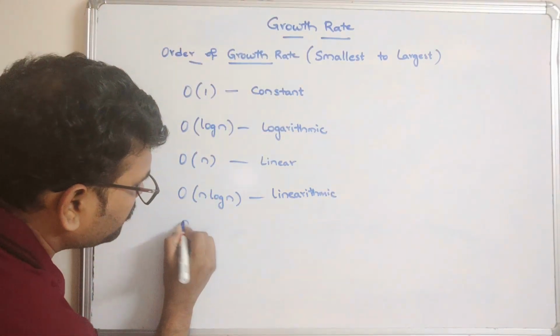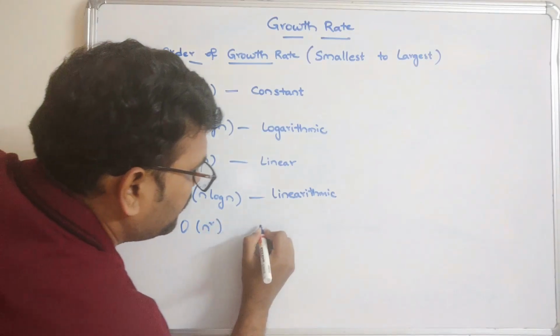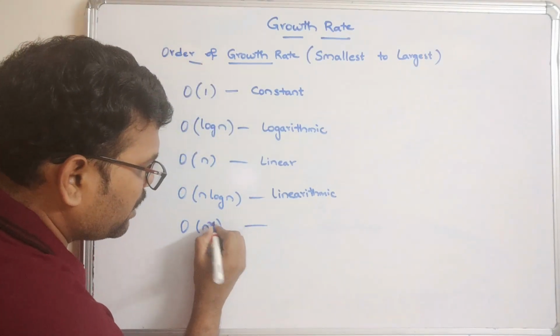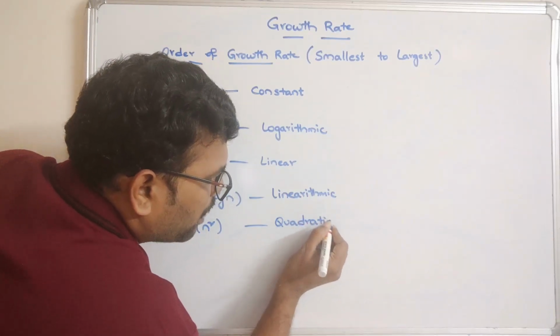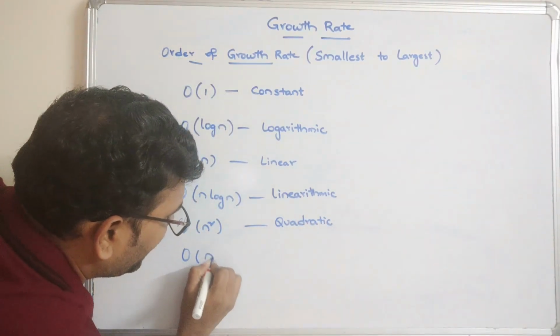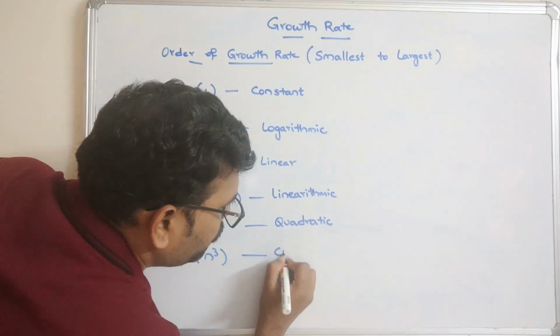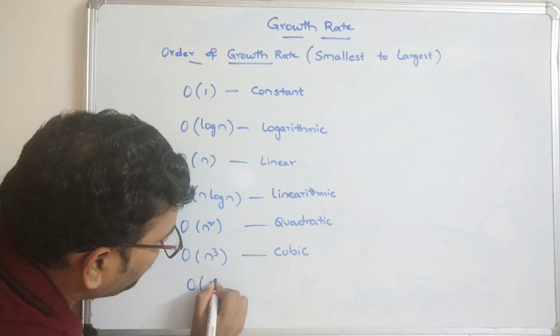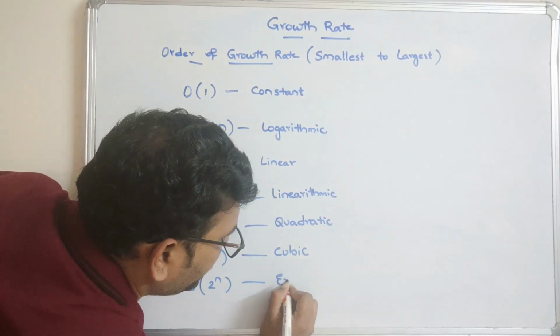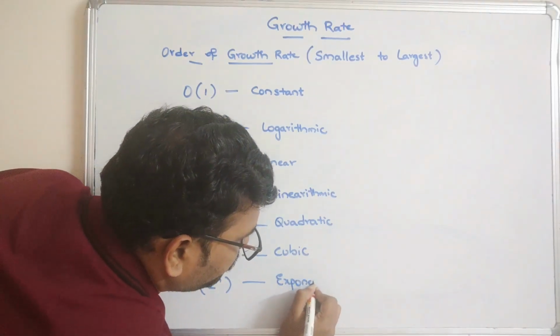And then order of n square. N square is nothing but quadratic. Next, order of n cube, which is cubic. Next, order of 2 power n, which is exponential.